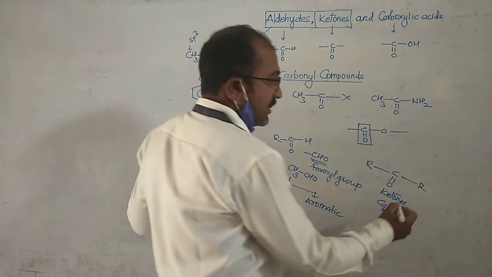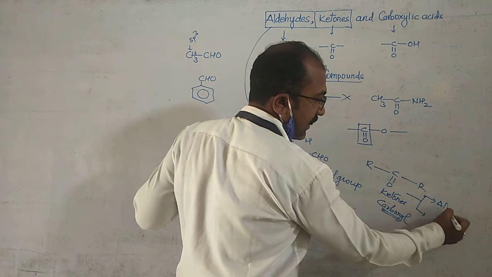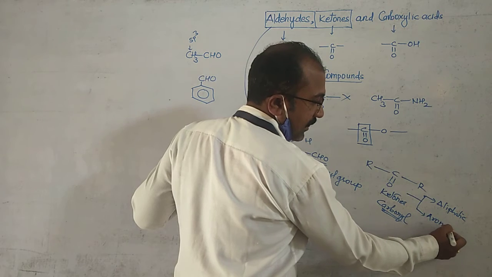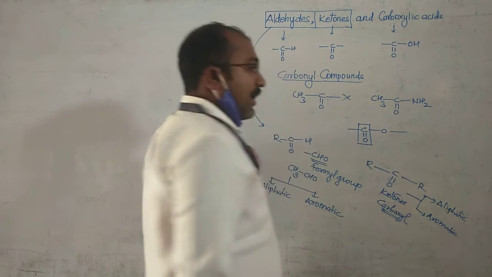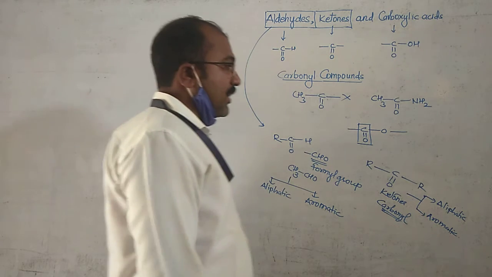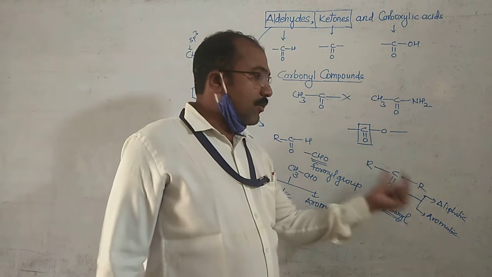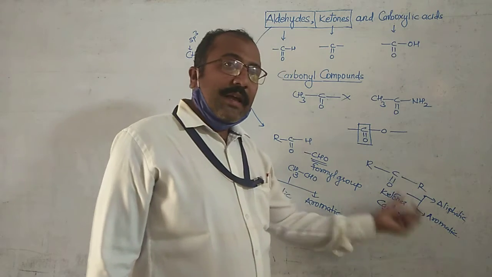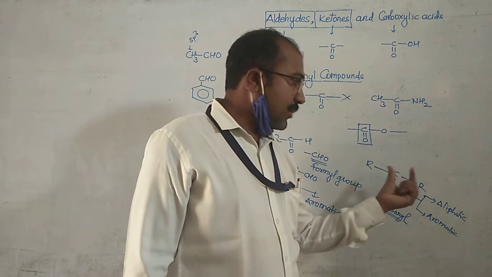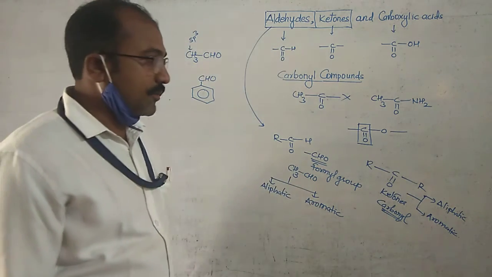Ketones are further classified into two types, that is, aliphatic ketones and aromatic ketones. Aliphatic ketones means the functional group is attached to an sp3 hybridized carbon atom. And if the carbonyl group is attached to an aromatic ring, then the ketones are called aromatic ketones.